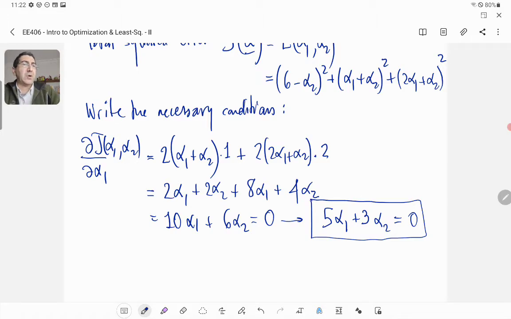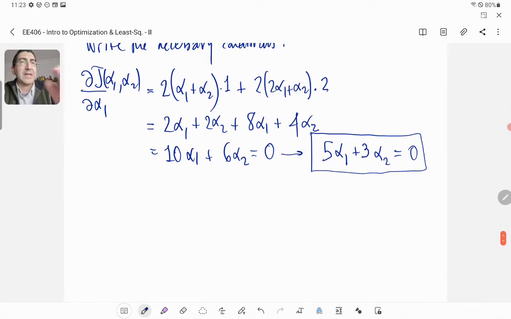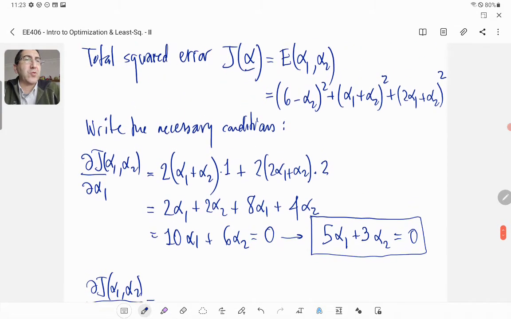Okay, so that gives an equation in terms of alpha 1 and alpha 2. Let's also take the second necessary condition, the derivative of J of alpha 1, alpha 2 with respect to alpha 2.